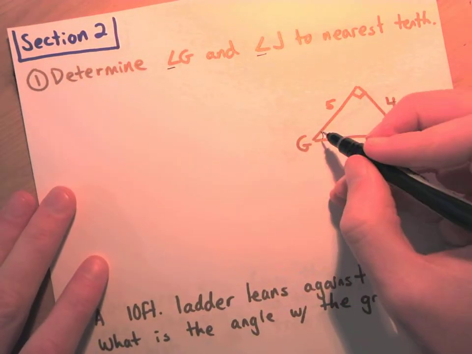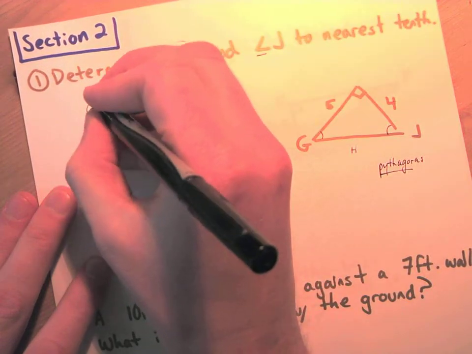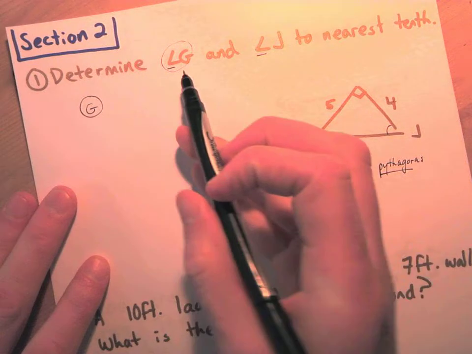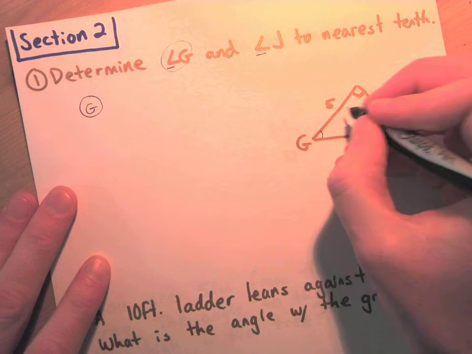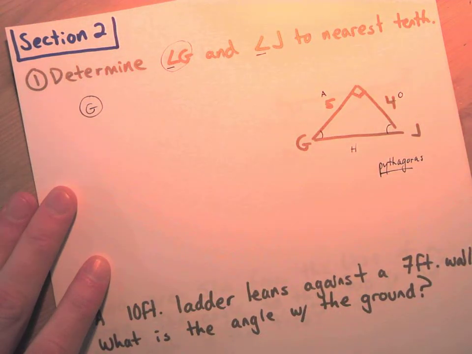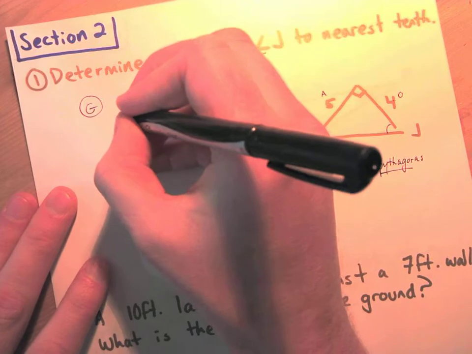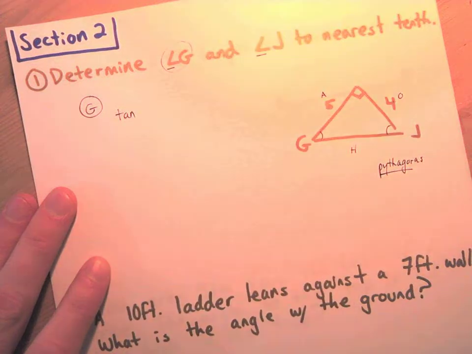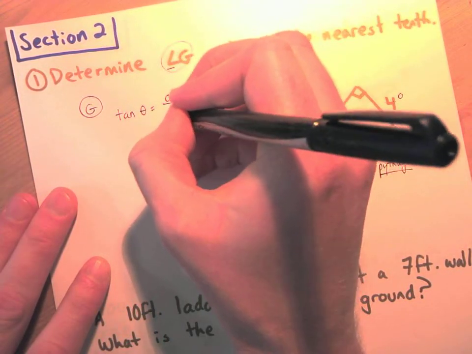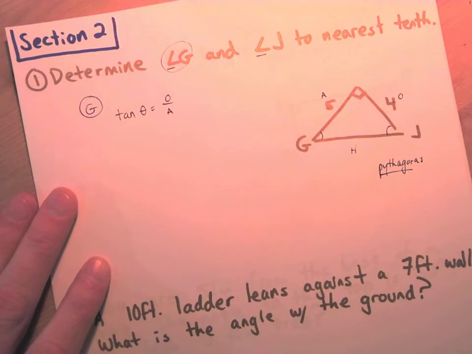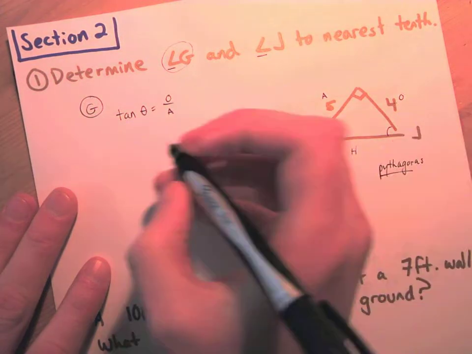Okay, so let's label it in respect to G first. So let's just look at G, not J, just G. So G, let's label the triangle. This is opposite G. This is adjacent to G. So here we know O and A, so that means we have to use tan. Okay, we found out that we have to use tan, so let's write the equation that we know for tan, O over A. Okay, so our theta is G here.